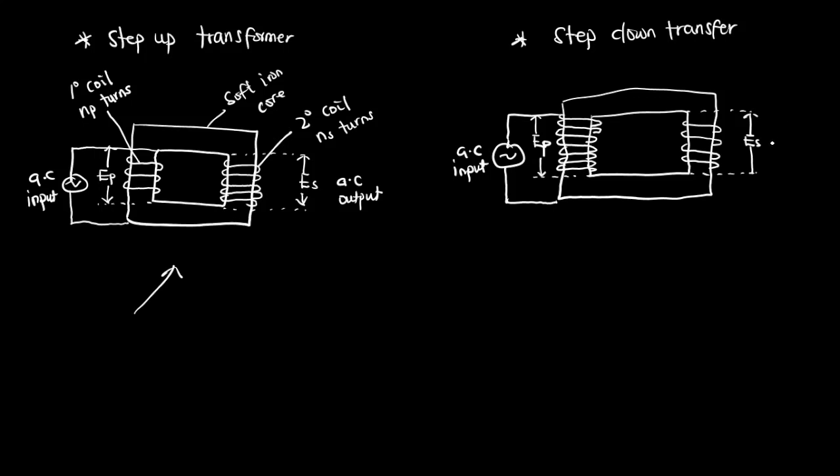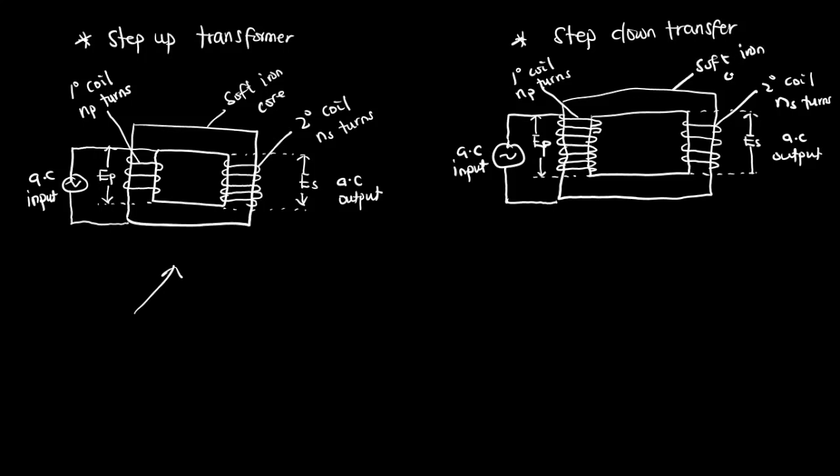Are you okay? And this is also our AC output. These are obviously our secondary coil. These are obviously our primary coil. Now our primary coil has NP turns, and then our secondary coil has NS turns. This is our soft iron core.